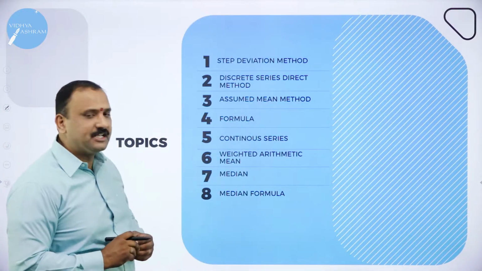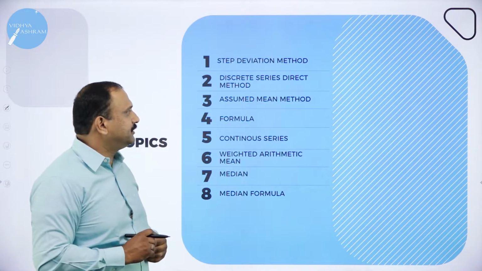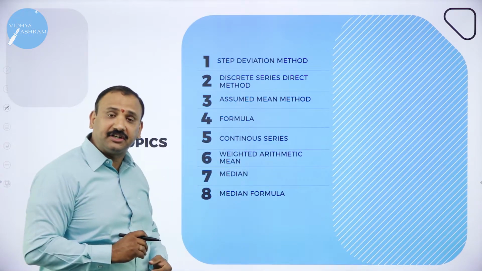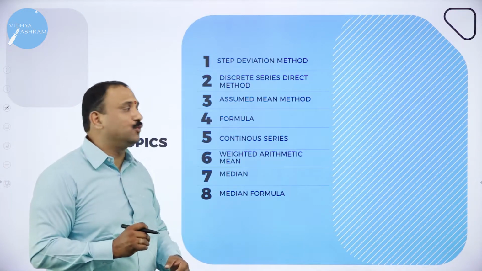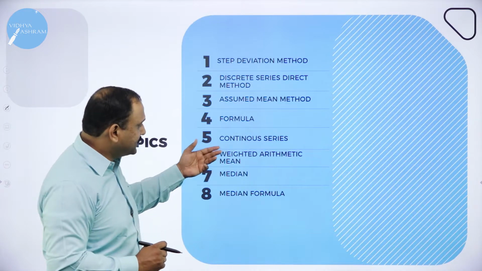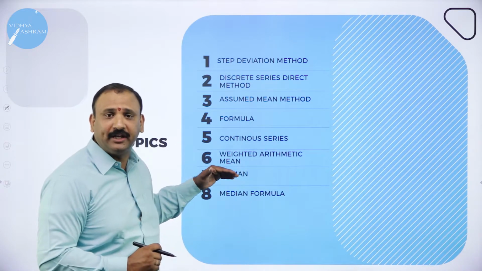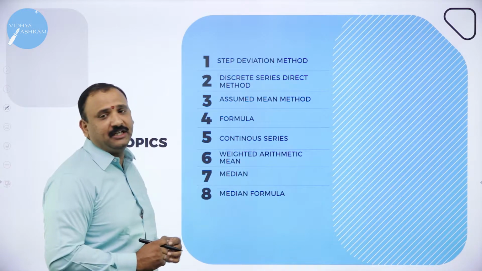these are the topics that we are going to cover today. We're going to see the step deviation method. We're going to understand the discrete series method, quite an interesting one. Assumed mean method, the formulas for that, continuous series, weighted arithmetic mean, and then we are switching to the median and the median formula.